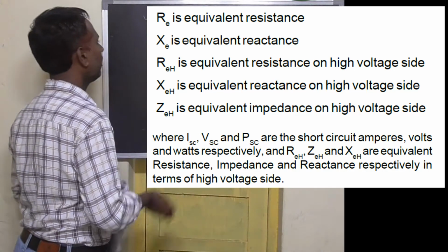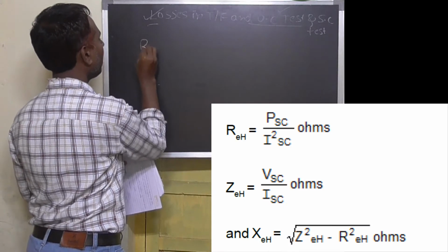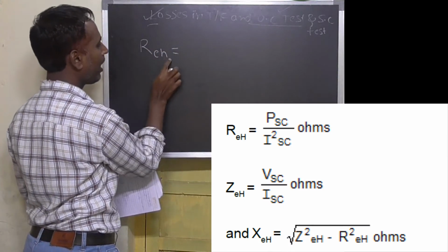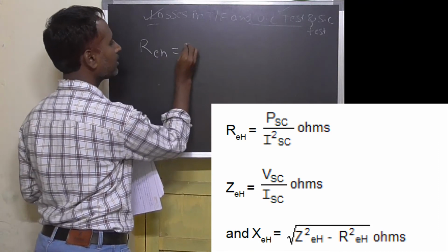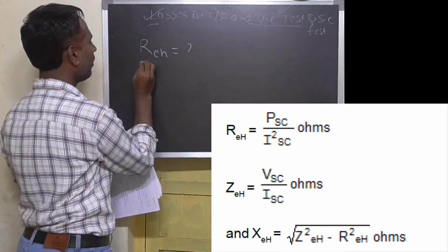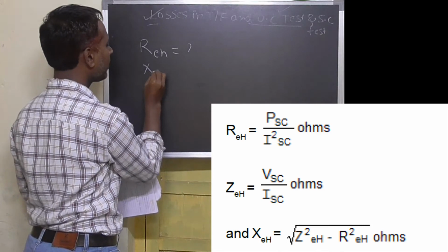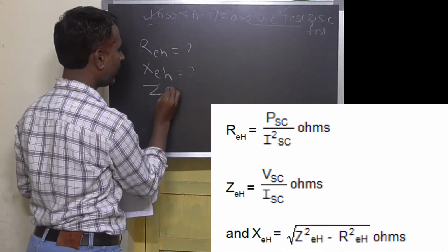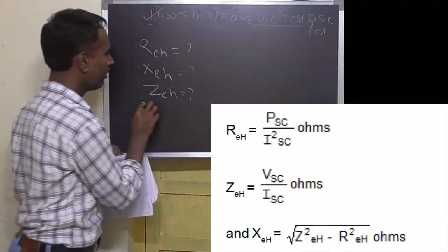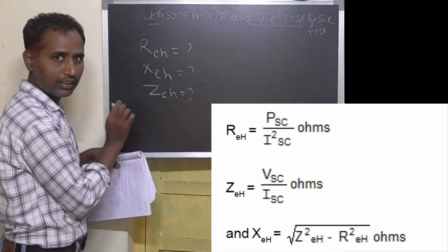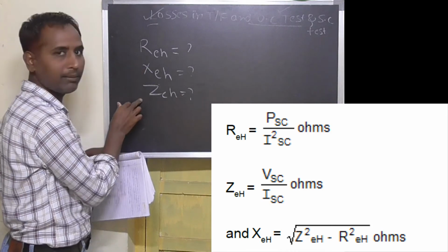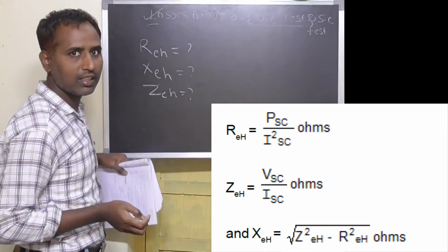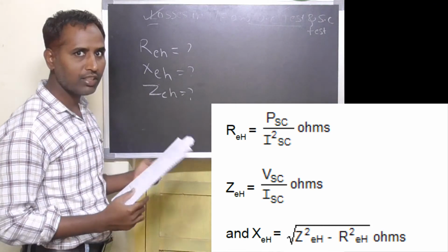Here I have to find the high voltage side equivalent resistance R_eH, the high voltage side equivalent reactance, and the high voltage side equivalent impedance. These are the three parameters, and these are the formulas on your screen.